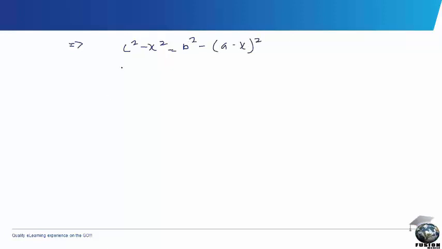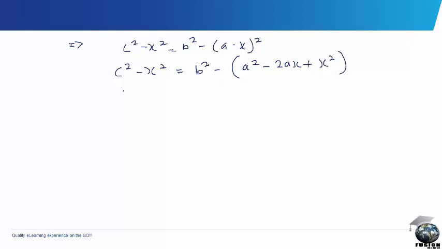Okay, so this gives us C squared minus X squared is equal to B squared minus, expanding this bracket, we'll have A squared and then minus 2AX plus X squared too.